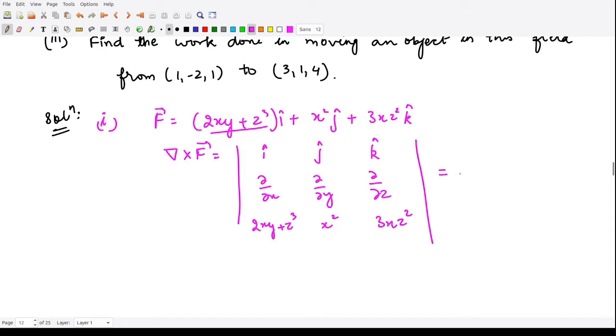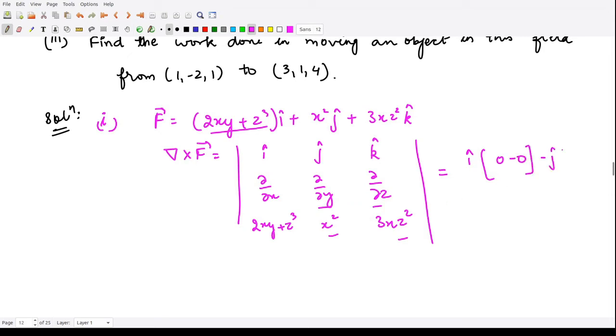When you solve this quantity, this would become equal to i cap times the derivative here, which is 0, and the derivative here with respect to z is also 0.